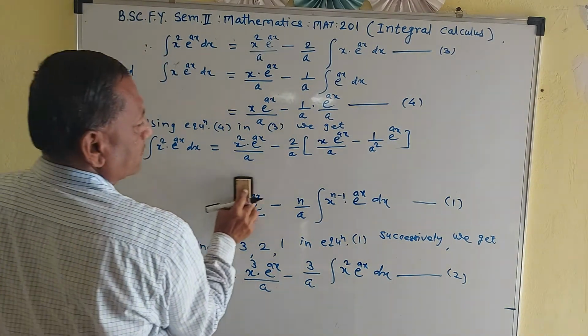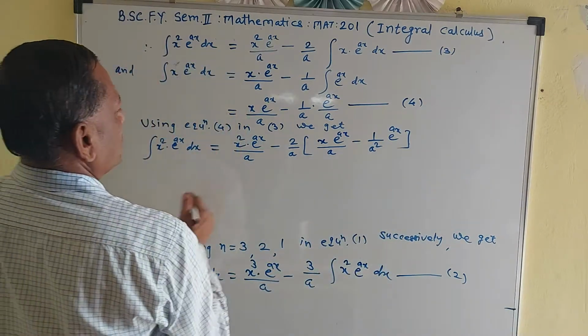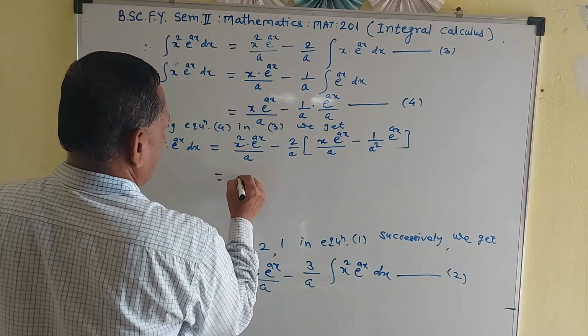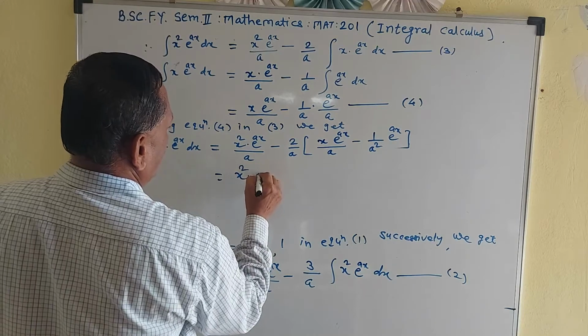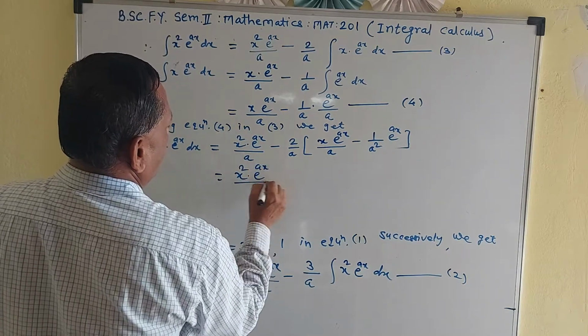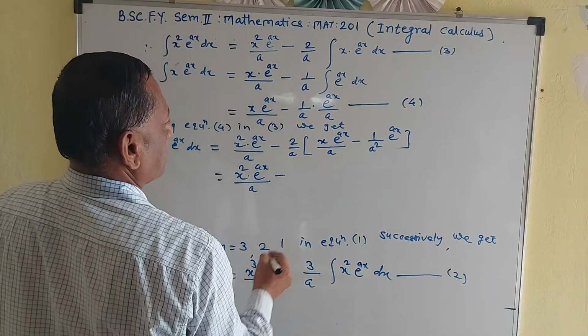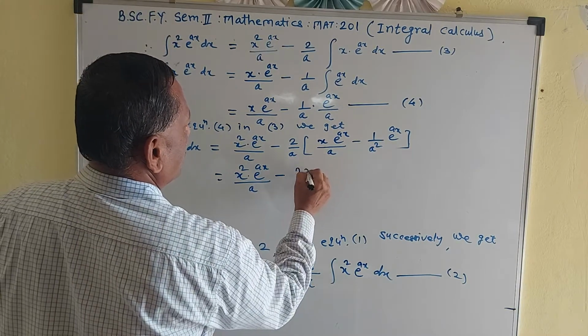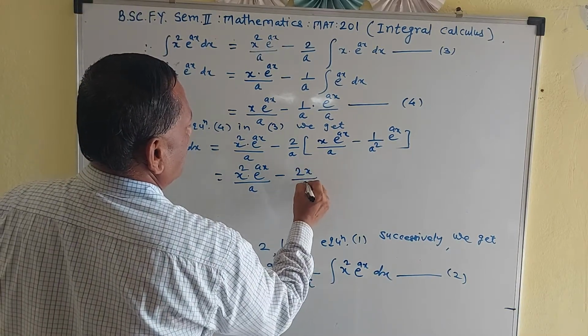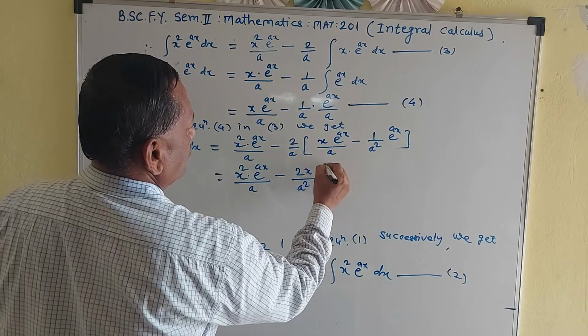So you simplify this: x² e^(ax)/a minus 2x/a² e^(ax).